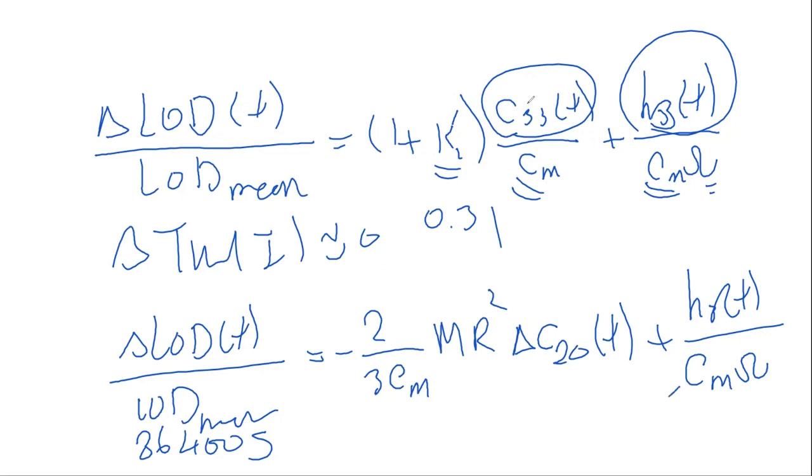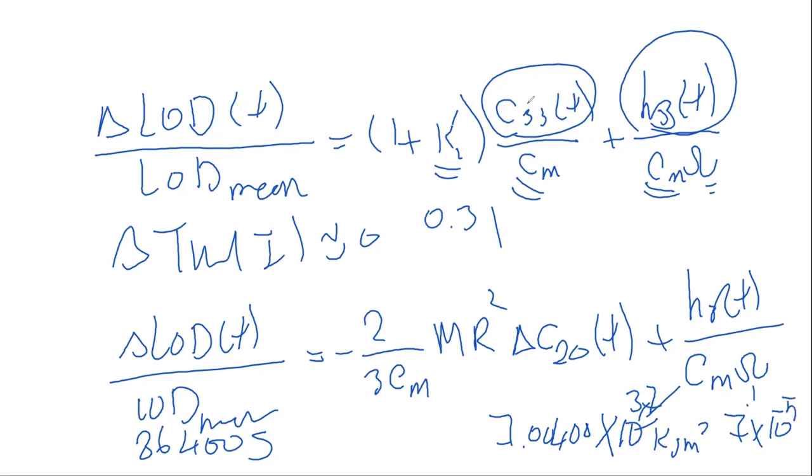So if you want to know what these values are: Cm is 7.04 times 10^37 kilogram m2. Omega is 7.29 times 10^-5 radian per second. M is the mass of the Earth, which is about 5.97 times 10^24 kilogram, and R is the radius.